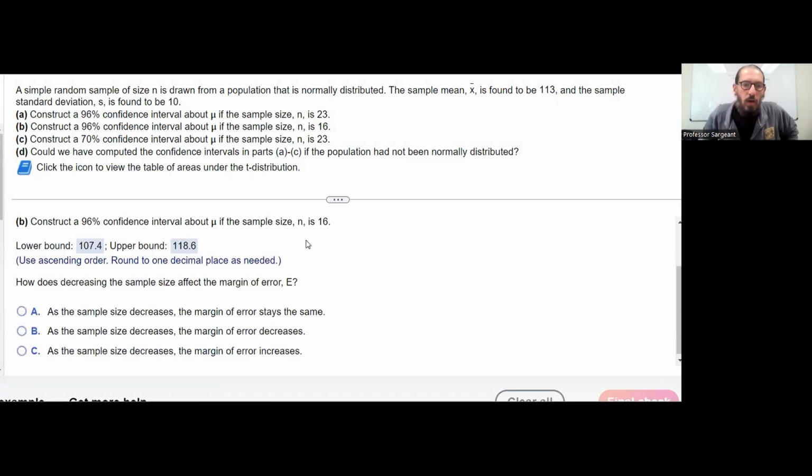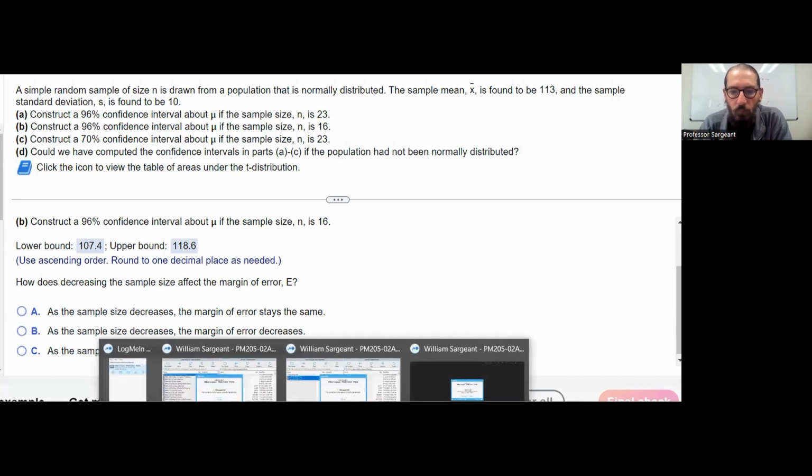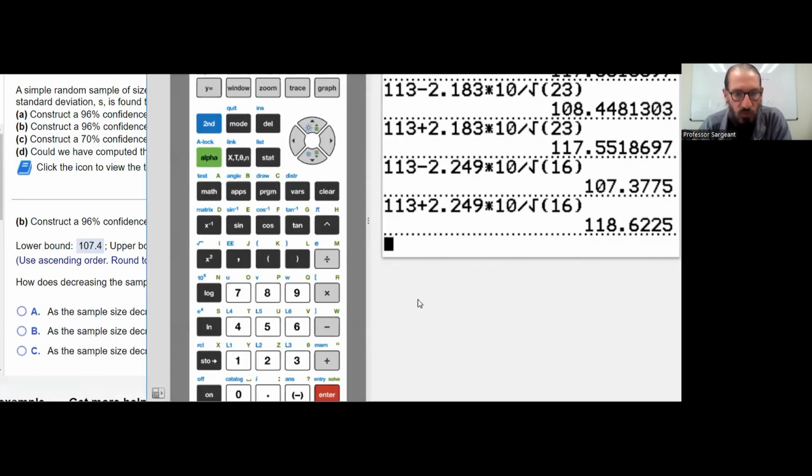All right, so how does decreasing the sample size affect the margin of error? What happened, which then led to the wider confidence interval, is as n gets smaller, so does its square root.